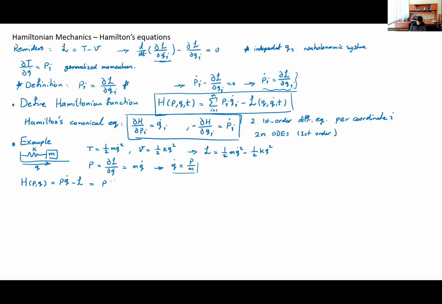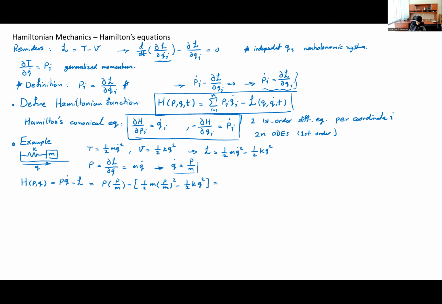So p times q dot, which is p over m, minus L. The Lagrangian is 1/2 m q dot squared, which is p over m squared, minus 1/2 k q squared. And now my Hamiltonian is only a function of p and q.